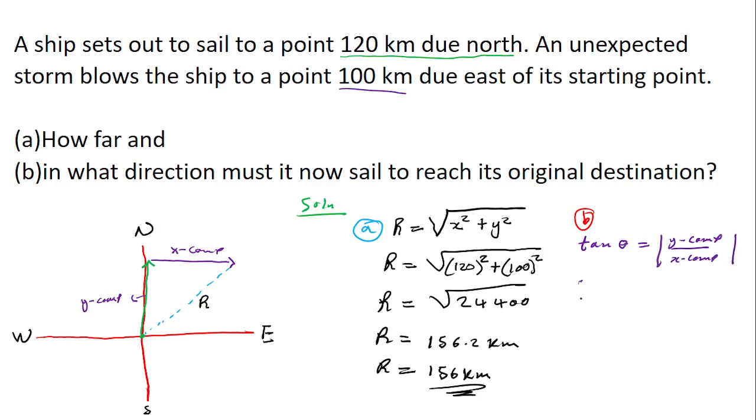So here tan theta is simply equal to, what is our y component over x component? It is the y component over the x component. Our y component is 120, isn't it?